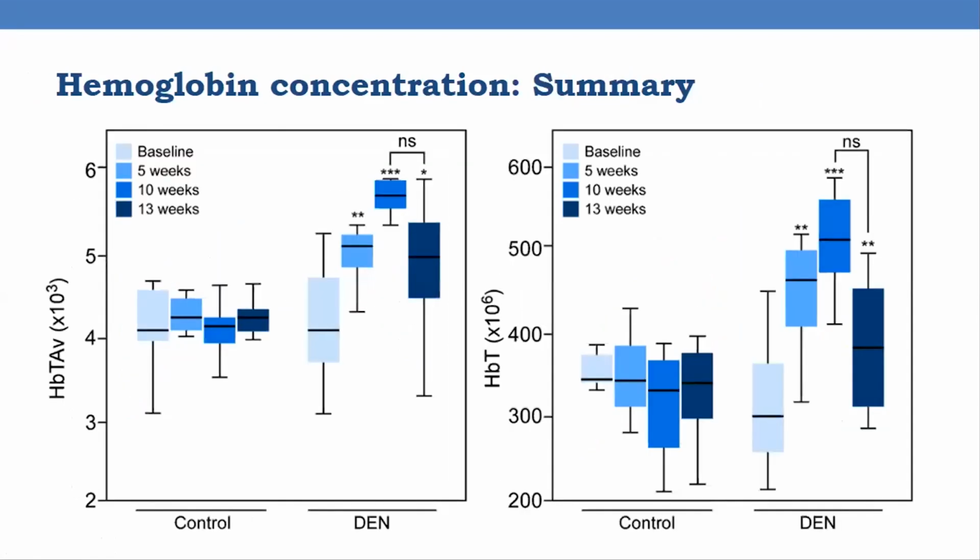In control animals, we don't see any changes in hemoglobin average or hemoglobin total, whereas in DEN fed rats, we saw a marked increase, which is statistically significant at 5 and 10 weeks, and there is a decline after 10 to 13 weeks. Consistently we found the same trend in all 4 parameters, with the peak at 10 weeks and starting to decline at 13 weeks.